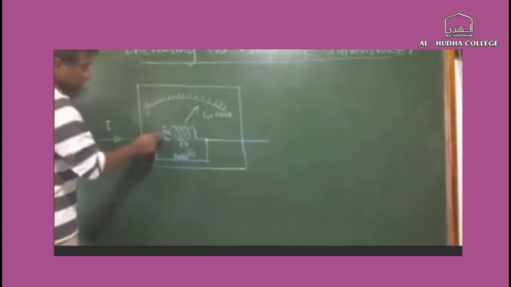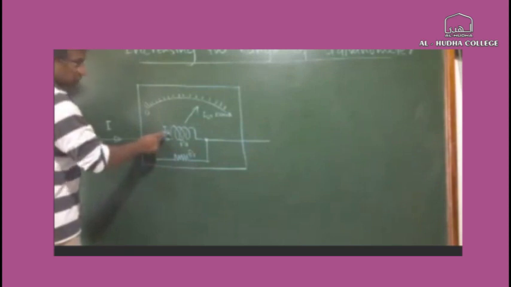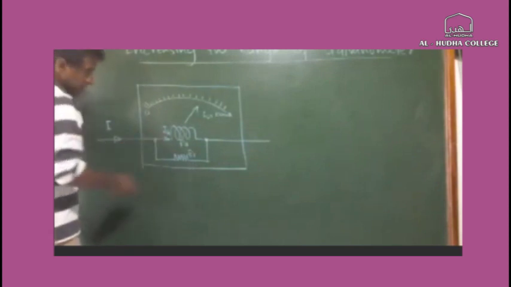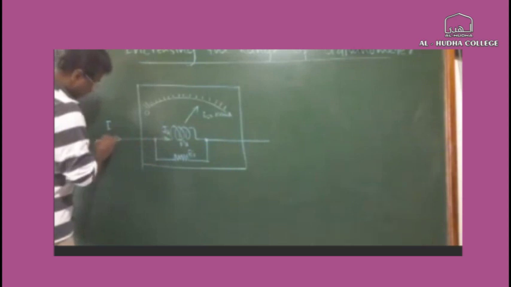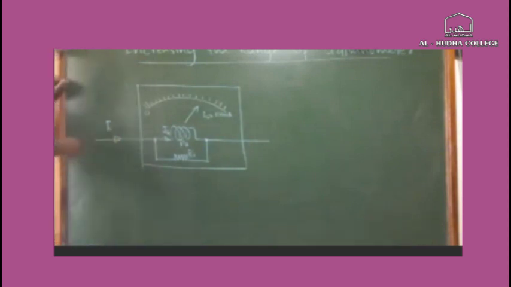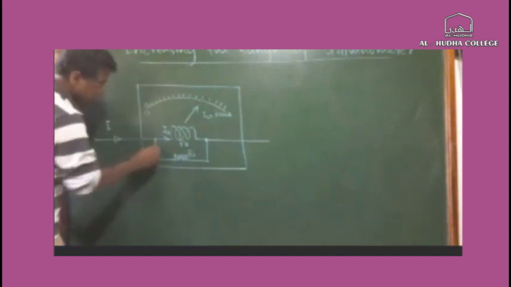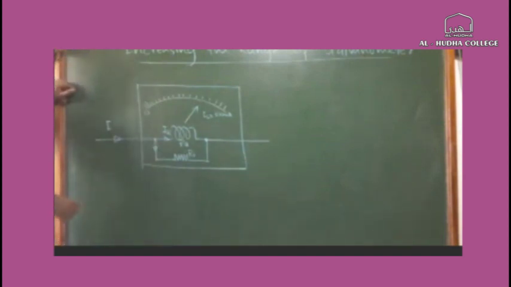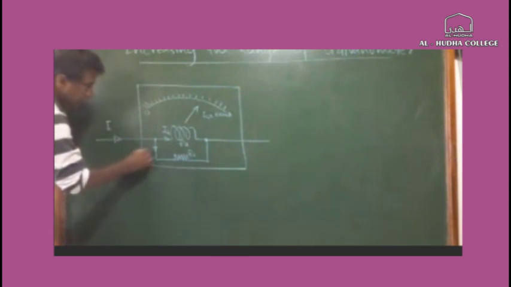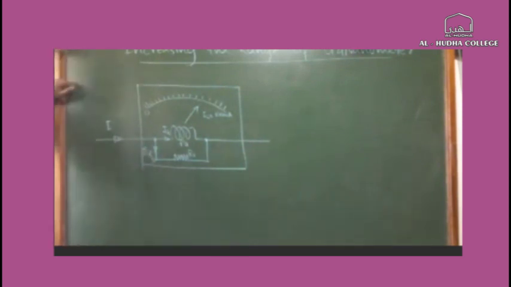So we will say Ig is the full galvanometer current. The current to be measured in the external circuit is 1 amp. So the current through this shunt resistor should be I minus Ig, right?